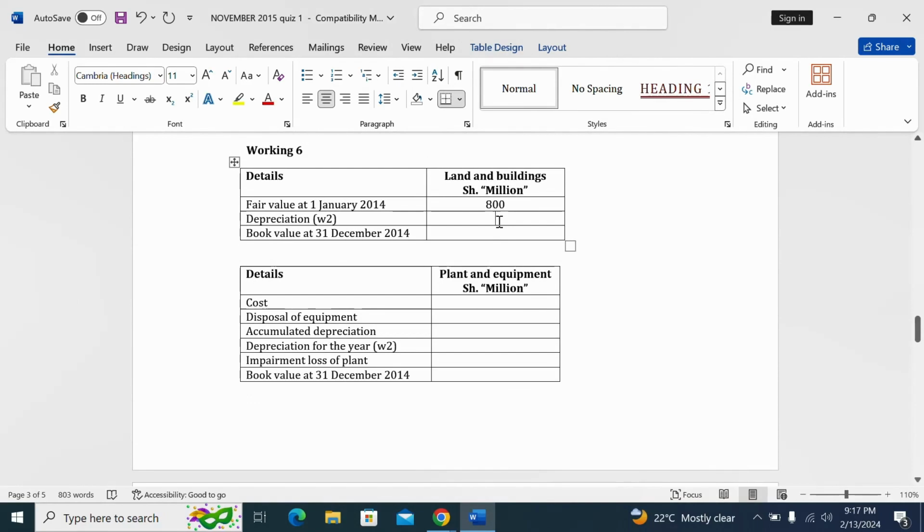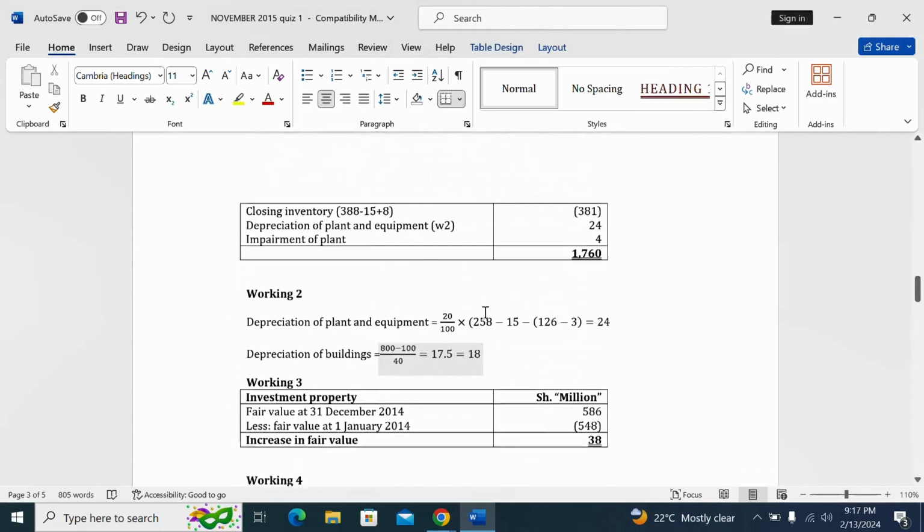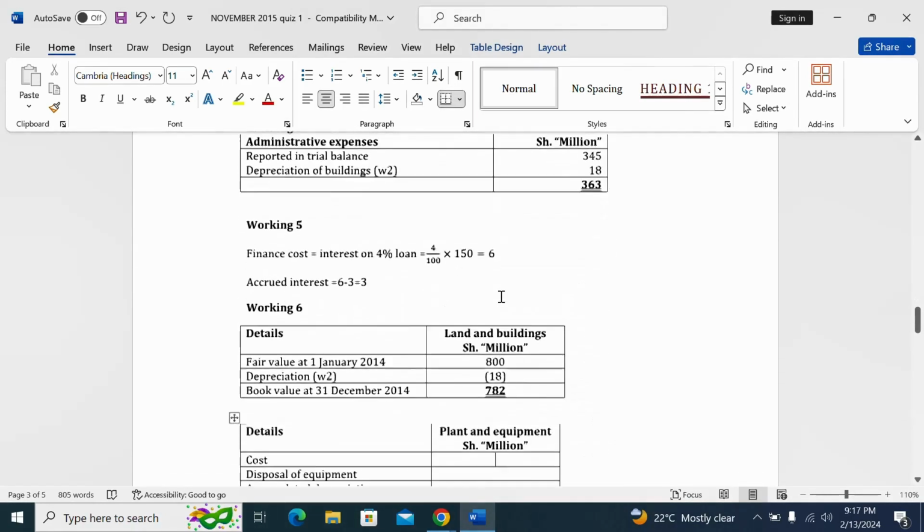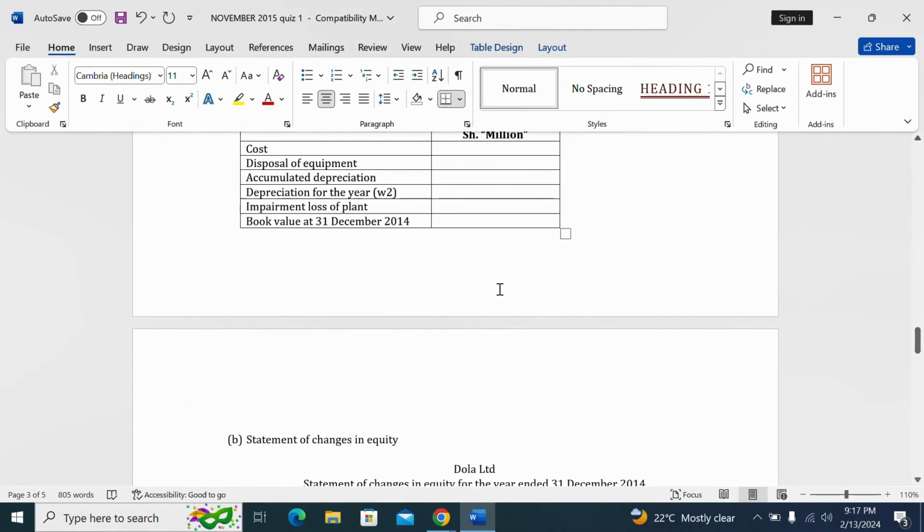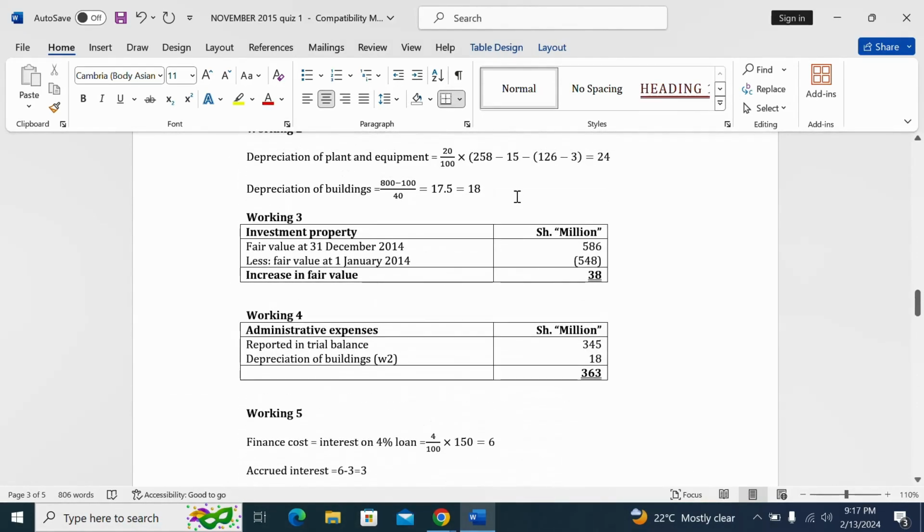We deduct 18 million. Therefore, we get the book value at 31st December 2014: 800 minus 18 million, I'm getting 782. Then we go to plant and equipment. We had plant and equipment at cost. At cost, it was 258.